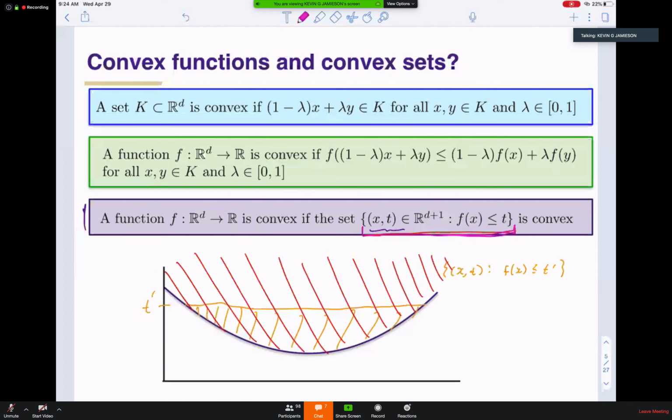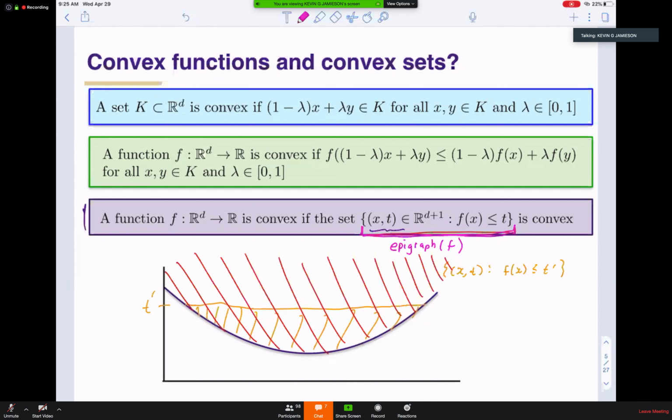This set here is called the epigraph of f. And so basically, we say that a function f is convex if its epigraph is a convex set. And so this is the connection between convex sets and convex functions.